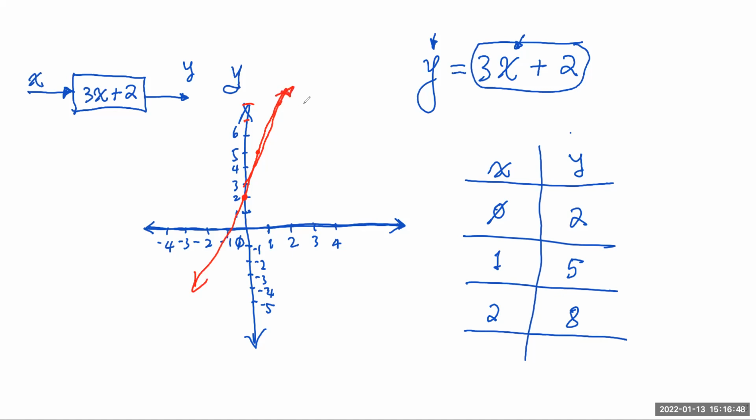Okay, I'm going to change that into a different form, and then we're going to see what's common and what's different between these linear functions.